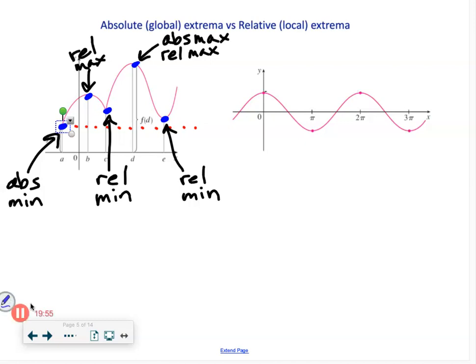All right. This function, which to me looks like cosine, right? We don't know for sure. It could be a shifted sine, but I would say this is a pretty nice graph of y equals cosine. I'm going to call that 1. I'm going to call that -1. This point right here, what is that point?